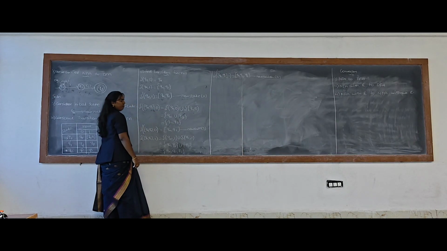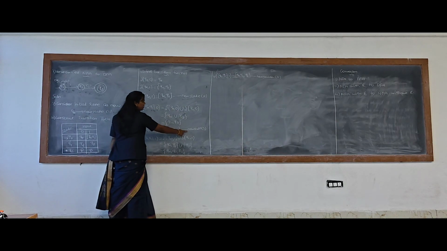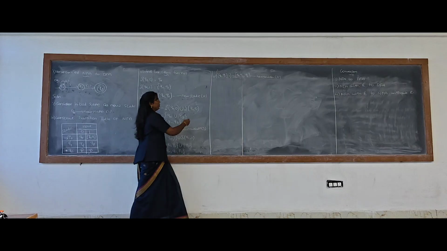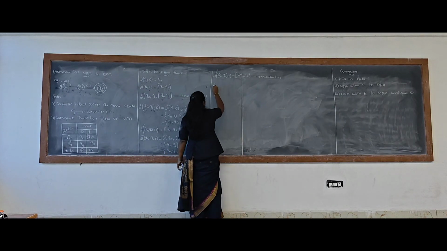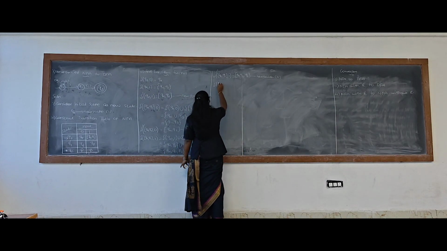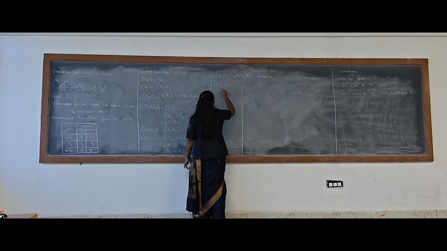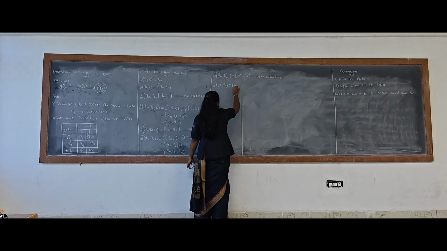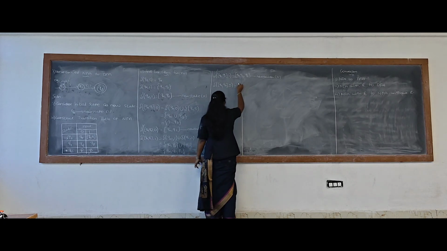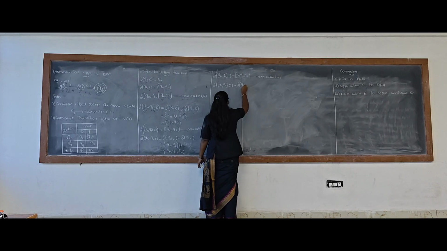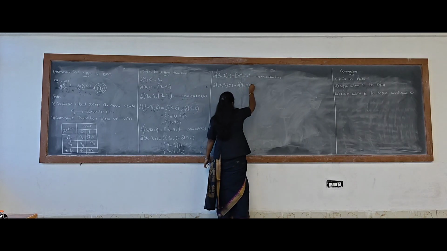So the transition function of q0 comma q2, the new state is q0 comma q2, the input symbol is 0. So here we will write transition function of q0 comma 0 union transition function of q2 comma 0.